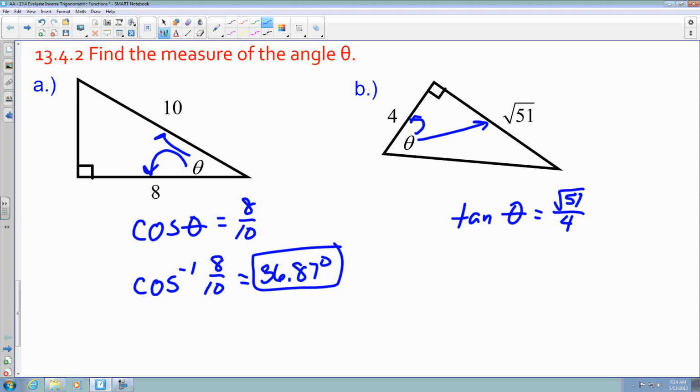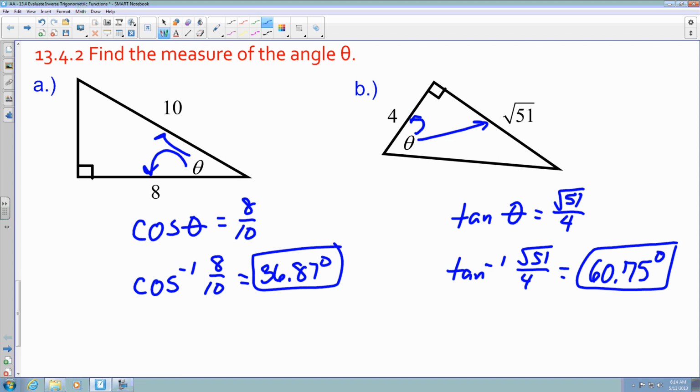To find theta, I take the inverse tangent of square root of 51 over 4, and I get a value of roughly 60.75 degrees. And that is being able to evaluate inverse trig functions. Hope this helps. Till next time.